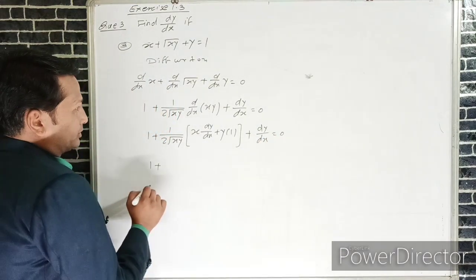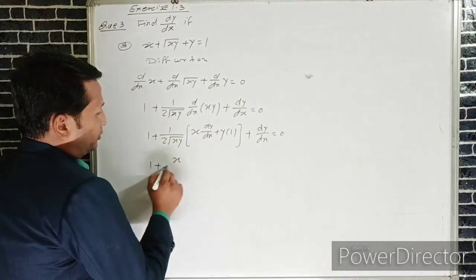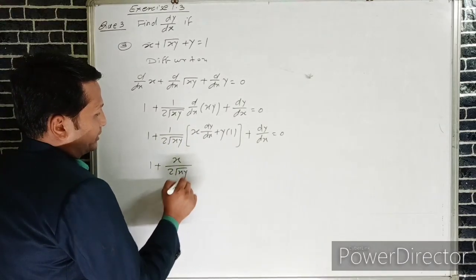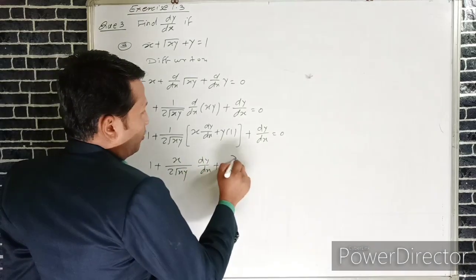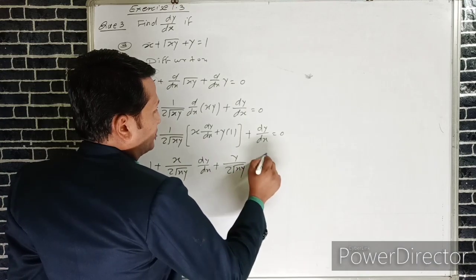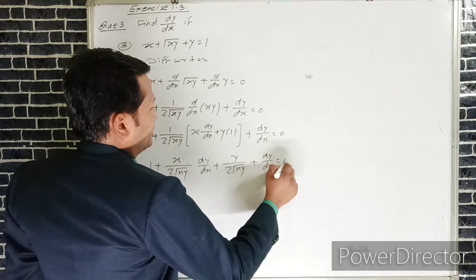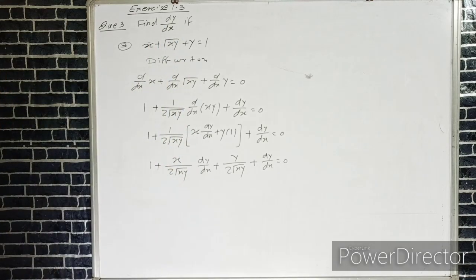1 plus 1 upon 2 root xy into x, we can write x upon 2 under root of xy into dy by dx, plus y upon 2 under root of xy, plus dy upon dx equals 0. But we have to find dy by dx.